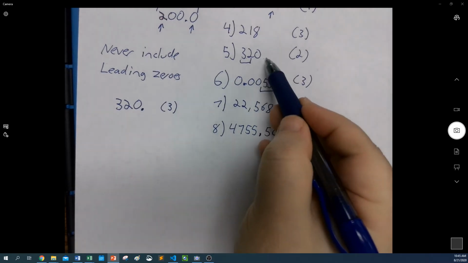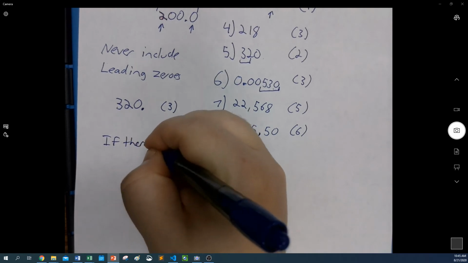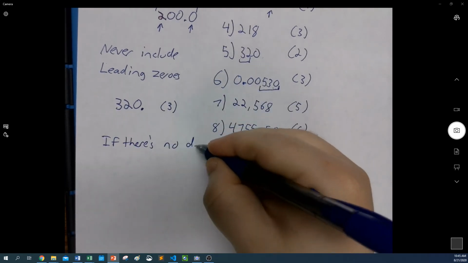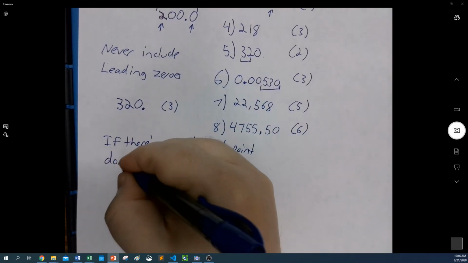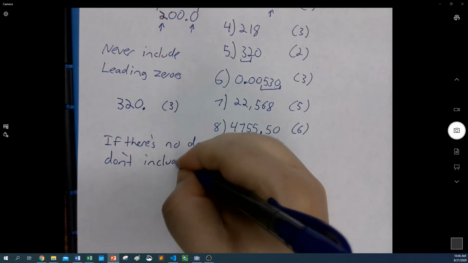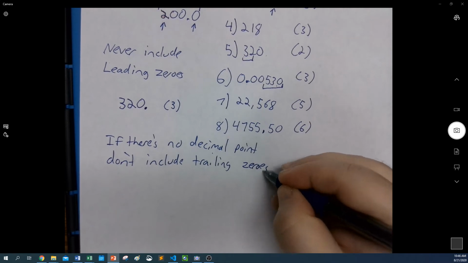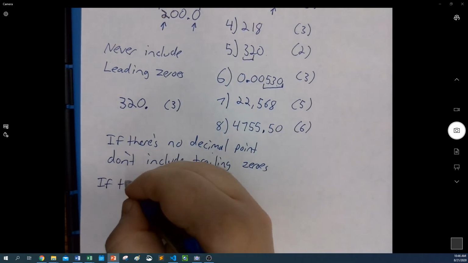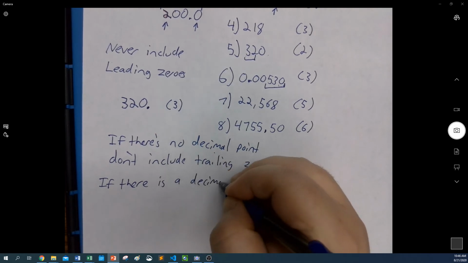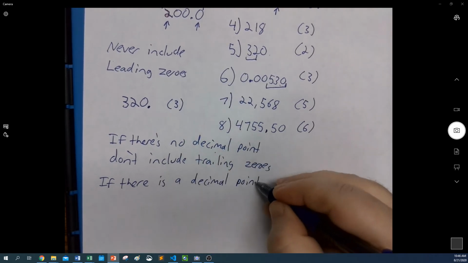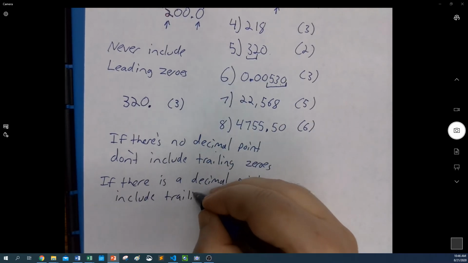If there's no decimal point, don't include trailing zeros. If there is a decimal point, include trailing zeros.